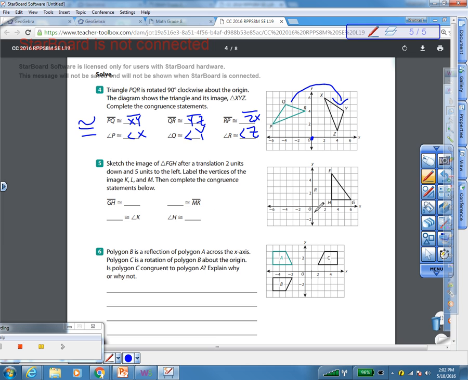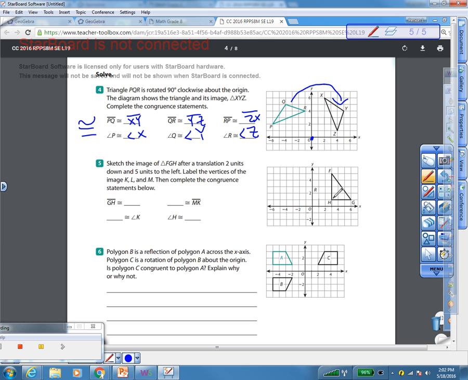Okay. Next, we're going to sketch the image of triangle FGH after a translation 2 units down and 5 units left, and we'll label the vertices KLM, and then we'll match the corresponding parts.